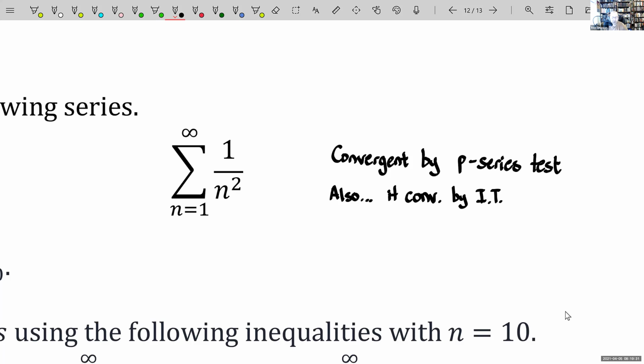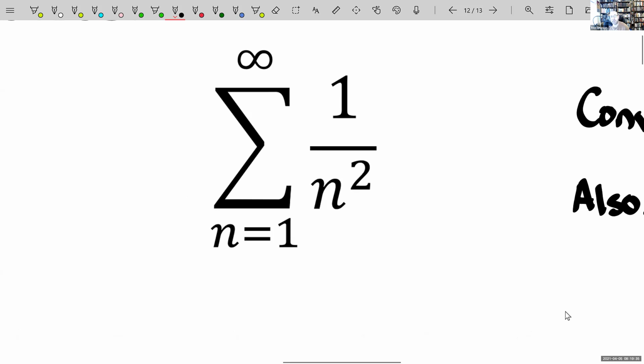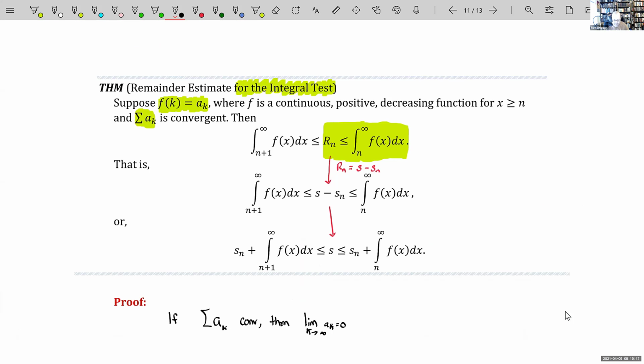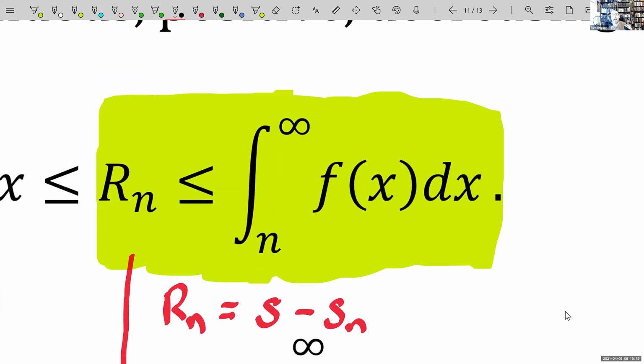Let's just pretend you can't find the exact value of the summation, but you want to add up enough terms to get a certain level of accuracy. The error bound that we have back here, this guy right here, will be incredibly helpful.